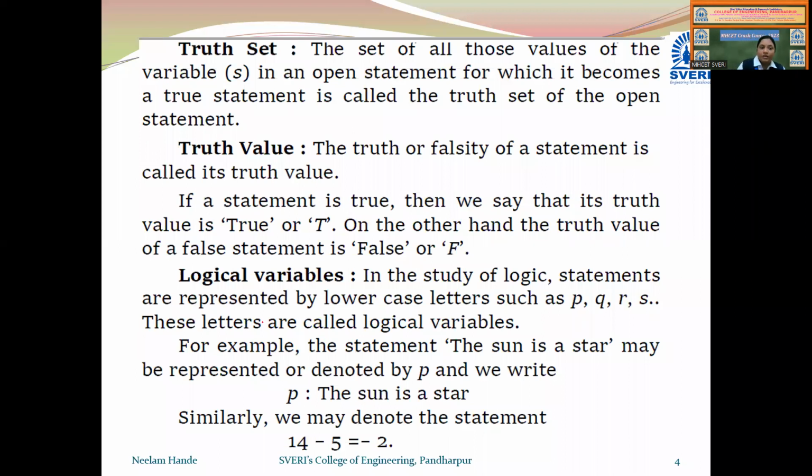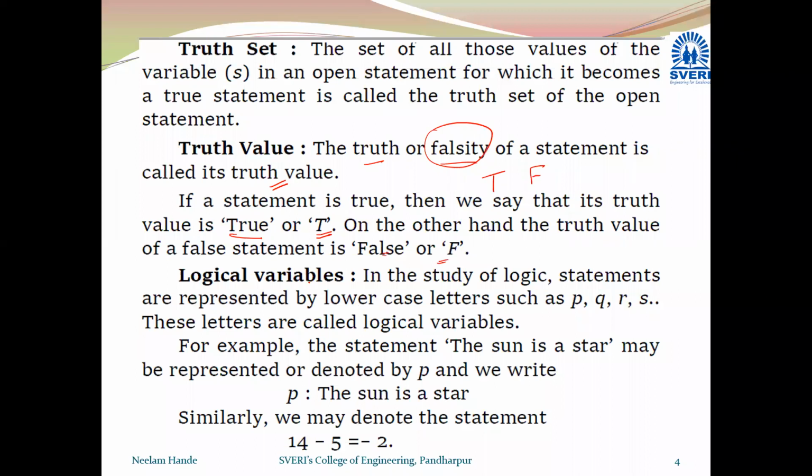So what is truth value? The statement is either true or false, right? The truth or falsity of the statement is called its truth value. If the statement is true, we call it a true value. If the statement is false, we call it a false value. We denote them T and F, right? When it is true, we write T, and when it is false, we write F. Next definition is the logical variable.